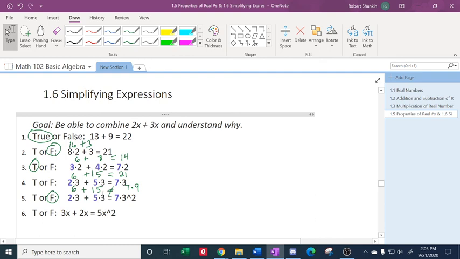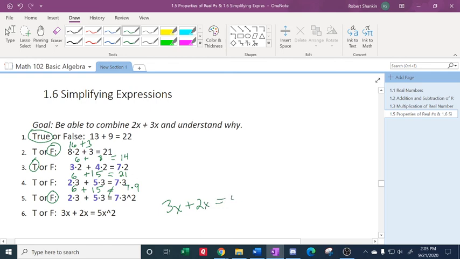I should add the 3 and the 2 together, but just putting the x as x doesn't make sense to me, so I'm going to put x squared. So 3x plus 2x, that up arrow means squared. I'm going to say that that's 5x squared.